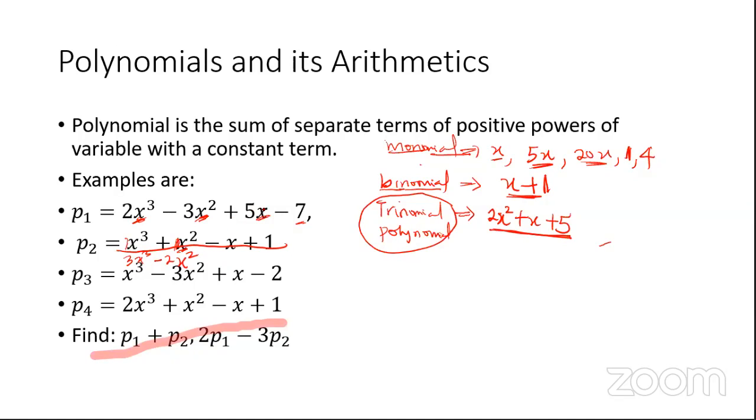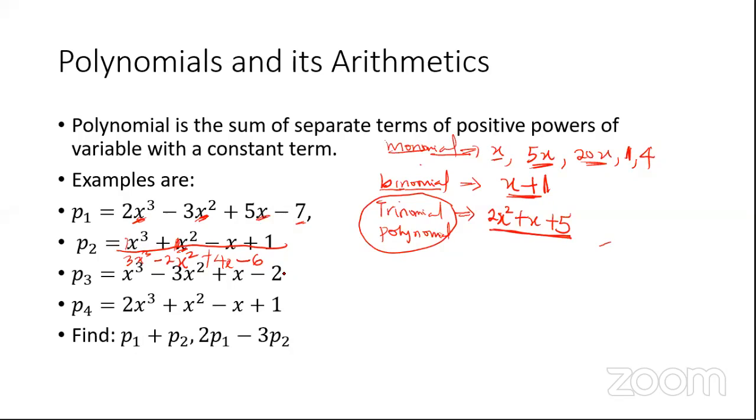We also have plus 5x minus x. So that's 5x minus 1x, and that will give us plus 4x. Minus 7 plus 1. That will give me minus 6. So that is the answer to P1 plus P2.